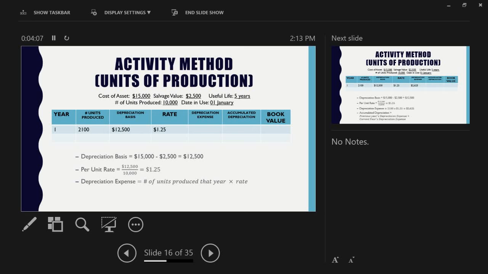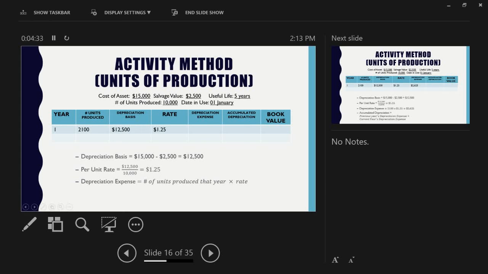For year one, how many did it produce? 2,100. That is correct. For the first year, you produced a total of 2,100 that year. It says so right here in the description.